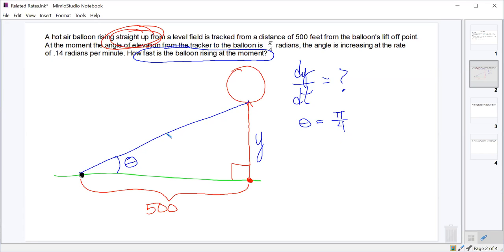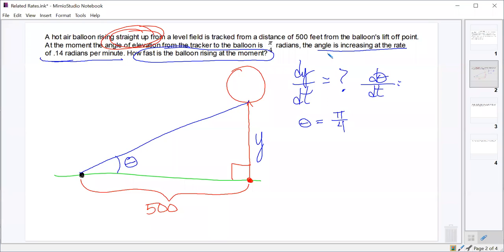And how is theta changing? With respect to time, what is d theta/dt? It's like the inverse tangent of y over 500.